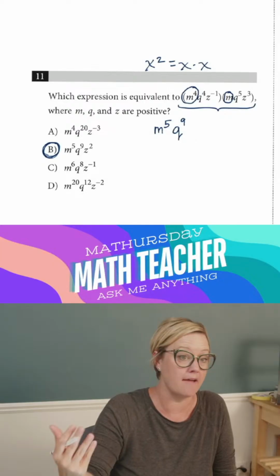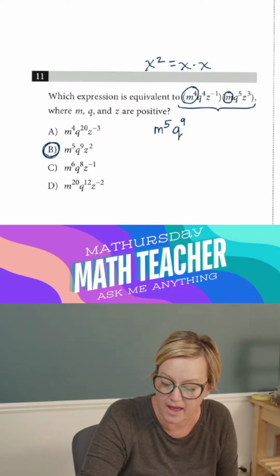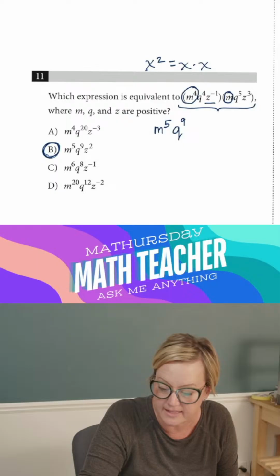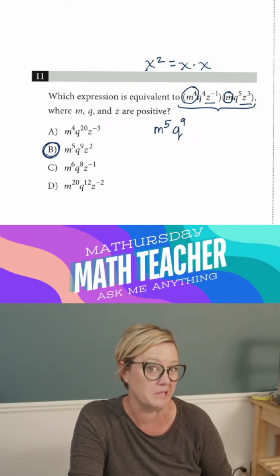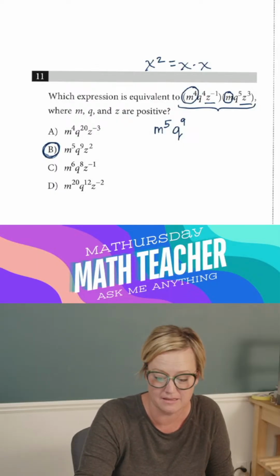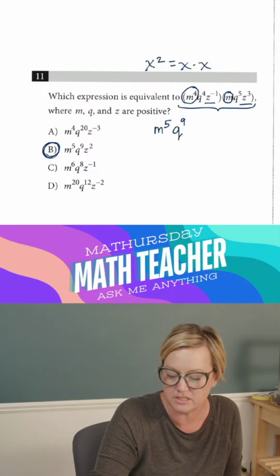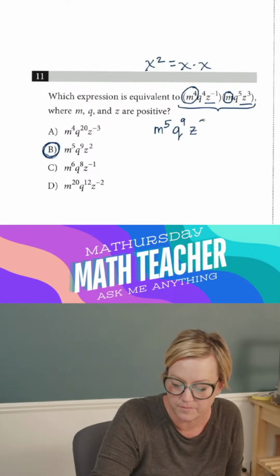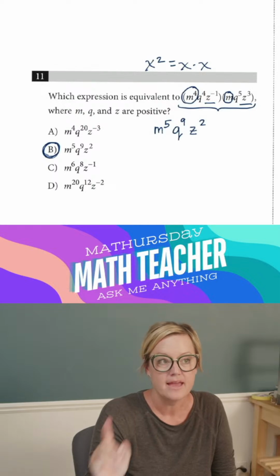Now that pattern never changes, right? So if I've got z to the -1 and z to the 3rd, even if I don't realize what that z to the -1 actually means, I'm still going to add those together. I'm going to get z squared.